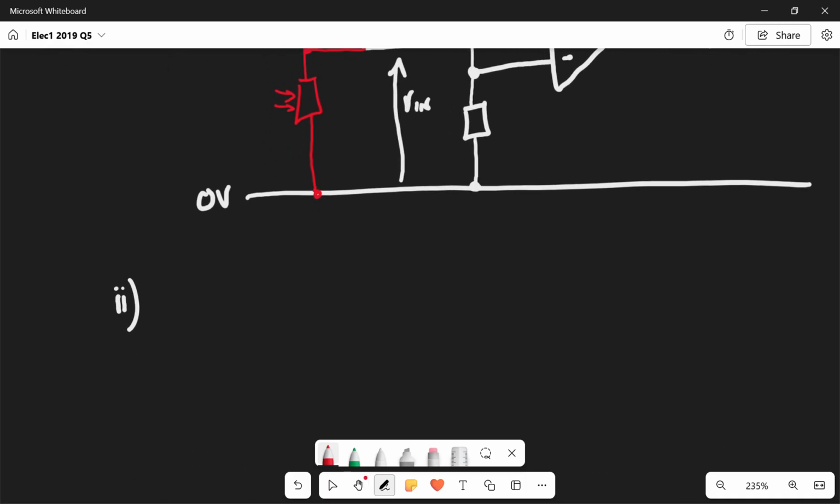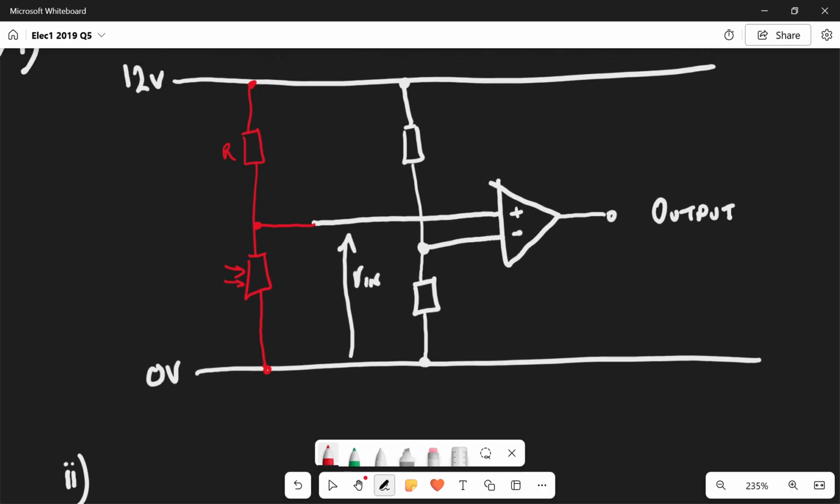Okay, B part 2. At what value of input voltage, Vin, does the lamp turn on? Now, we're given no resistor values for the LDR or the resistor, but what we are told are the two resistor values: this is 100k and the bottom resistor attached to the inverting input is 200k.